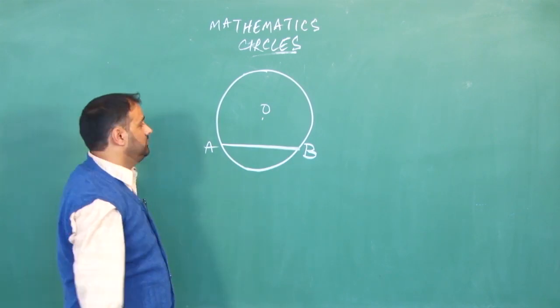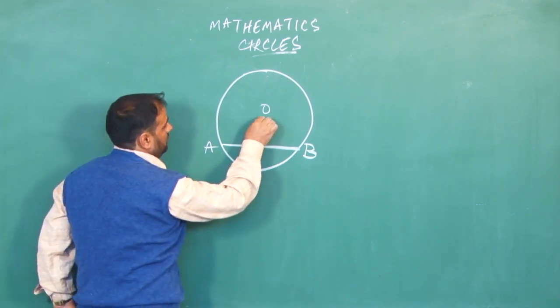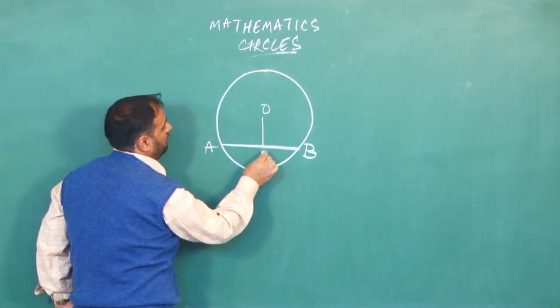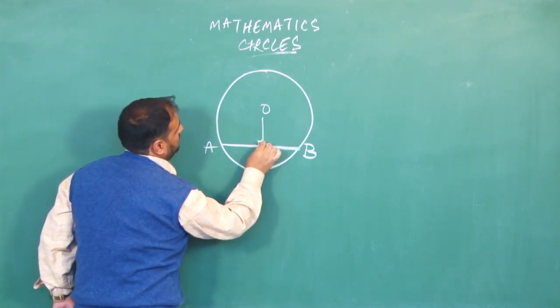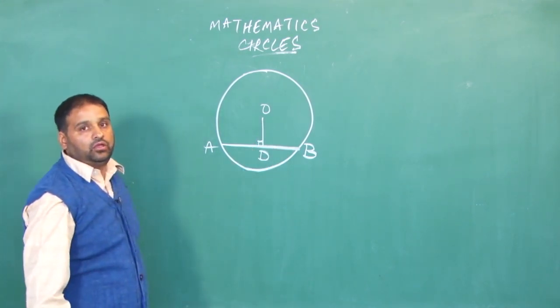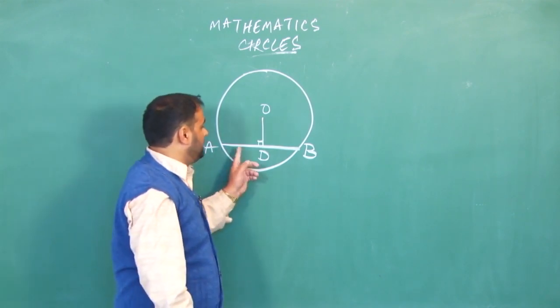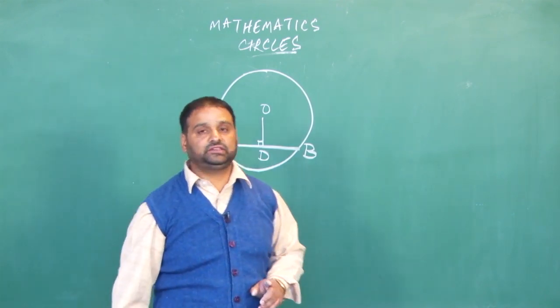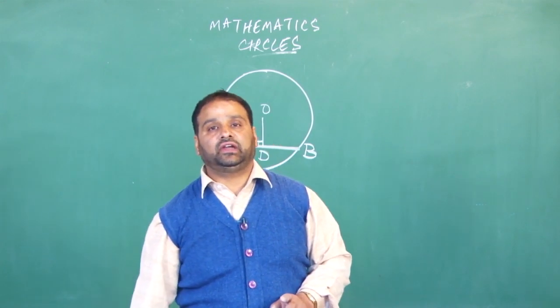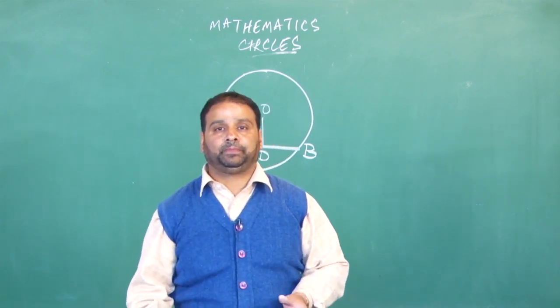What we need to do is draw a perpendicular on that chord. Suppose OD is perpendicular to that chord. We need to prove that this chord gets bisected. Bisected means that it gets divided into two equal parts.